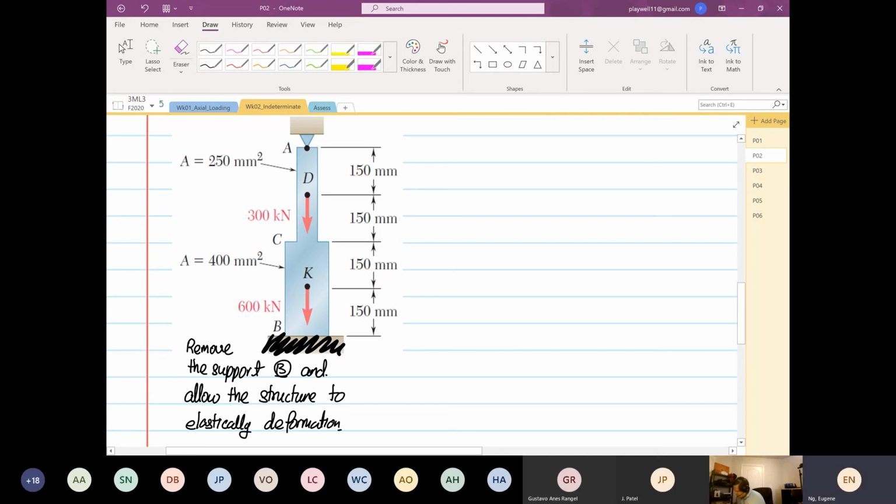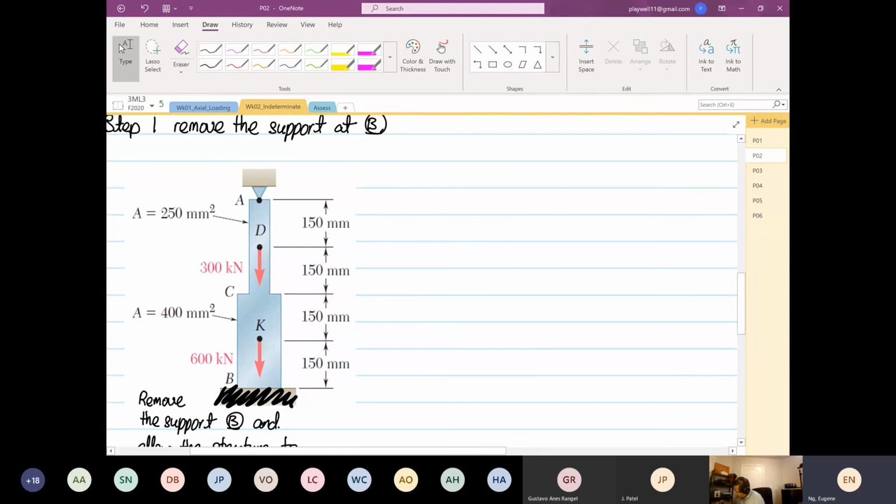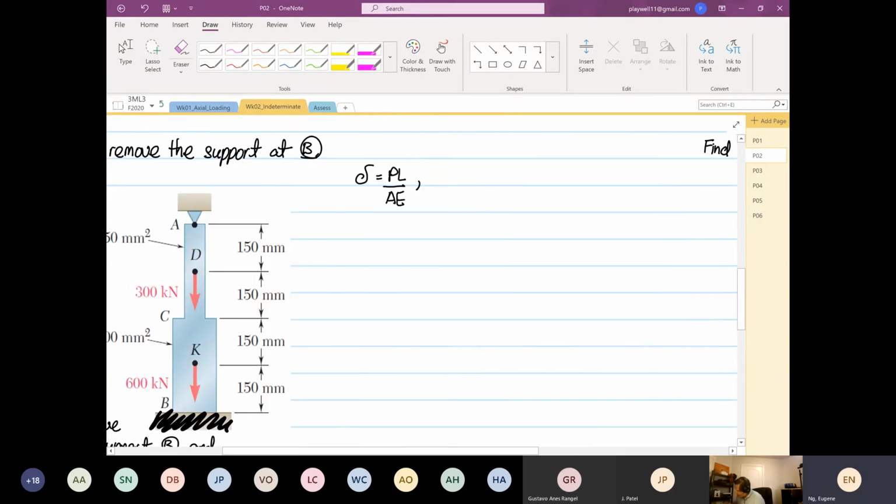So the formula that we're going to use, you have seen this formula before, is deflection delta equals PL over AE. And the notation is, when it's positive, it's in tension. Remember? And negative is in compression.